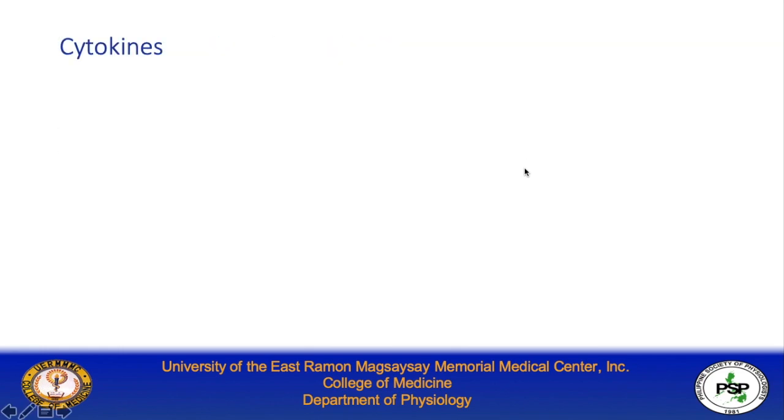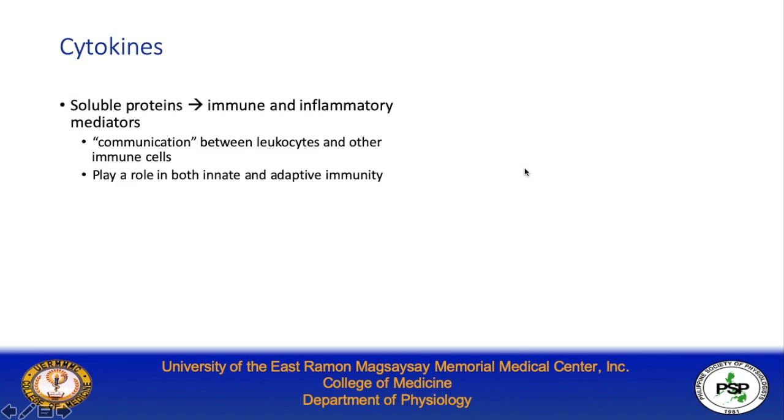Another component of the innate immunity would be the secretion of cytokines. So these are soluble proteins that would act as immune mediators and inflammatory mediators as well. In other words, these are chemical messengers which act as communication between leukocytes and other immune cells.